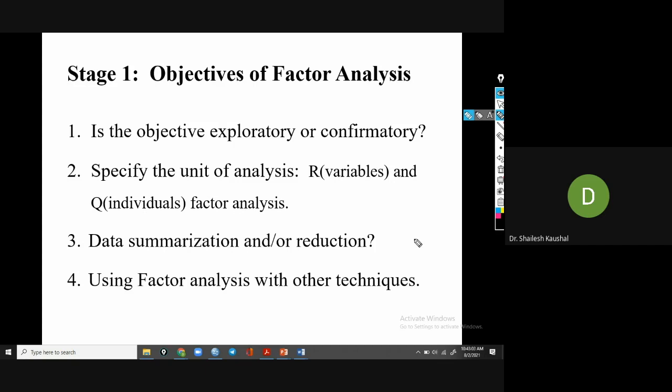After conducting the factor analysis technique, we find many dependent and independent variables. Then we can use these variables and apply other dependence techniques, like multiple regression analysis, discriminant analysis, ANOVA, MANOVA. So we can use these factors in different techniques.